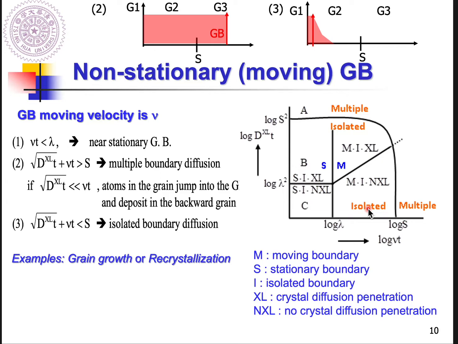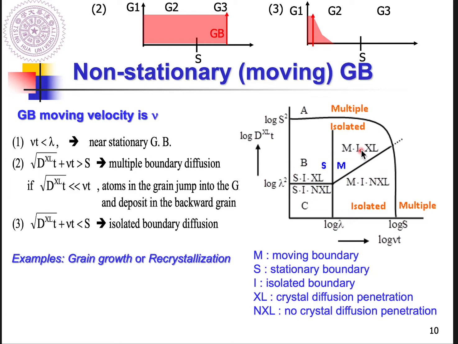Okay, so next slide. Some people probably will ask, Professor, I have a question. In the stationary boundary region, the border between region B and C is a horizontal line.